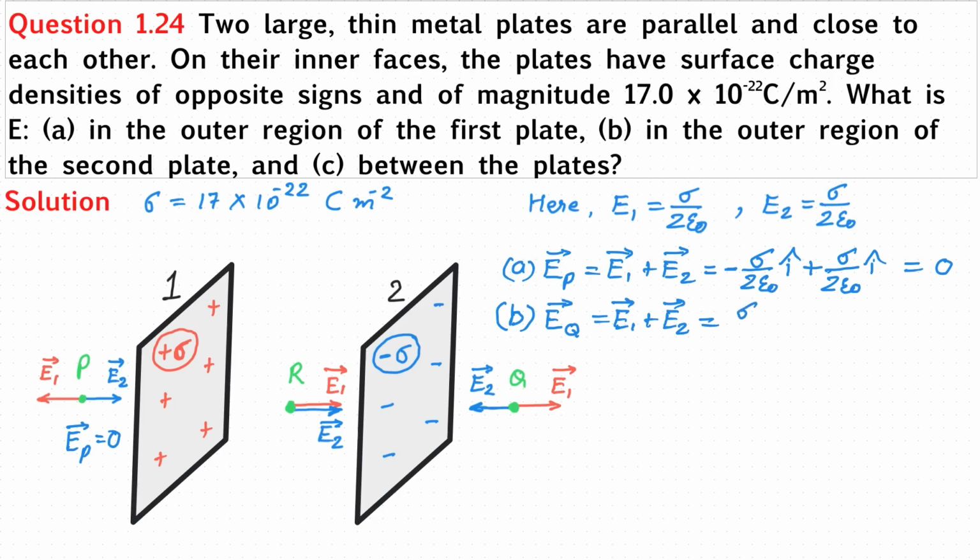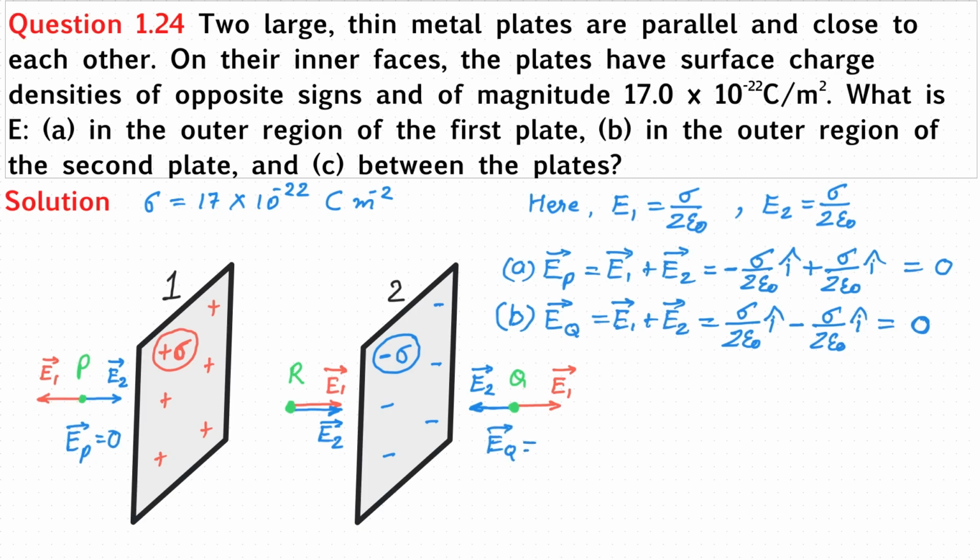So that will be sigma upon 2 epsilon 0 caret i, and E2 is in left direction, that's why it is minus sigma upon 2 epsilon 0 caret i. But whatever is the equation, the total answer is going to be 0. That means the electric field at point Q also will be 0.